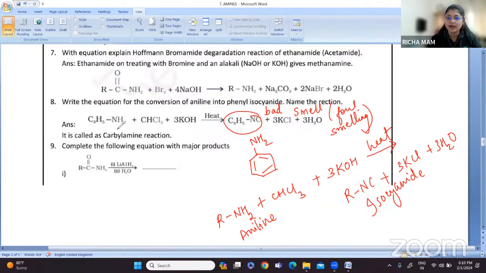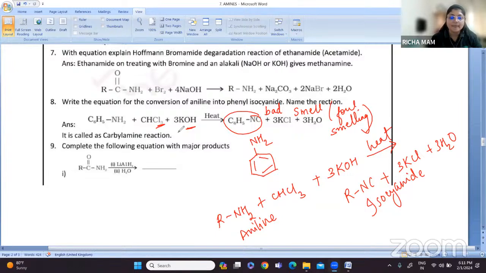So primary aromatic amines, when heated with chloroform and potassium hydroxide, are converted into isocyanides, which are carbylamines, and this reaction is called the carbylamine reaction. This is what you are supposed to write.